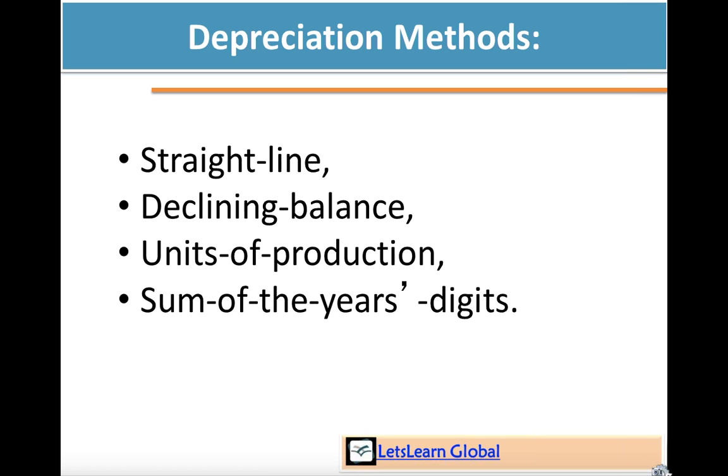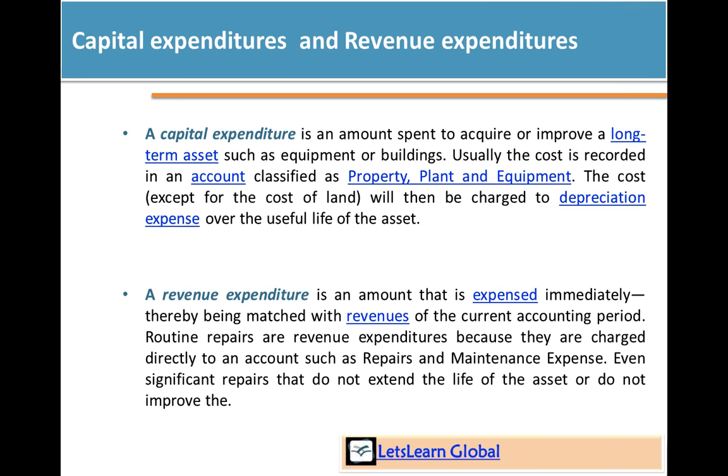You have around 8 methods that we studied at graduation level, but in CMA, please concentrate on these 4 methods: straight line method, written down value method or reducing balance method or declining balance method, units of production method, and sum of the years digit method. Let's go back.